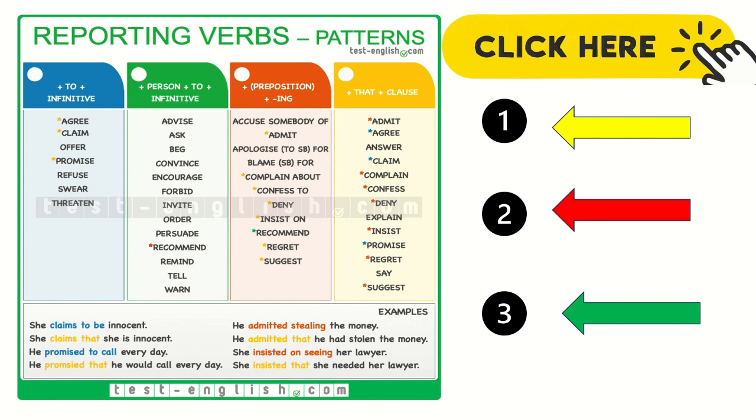So, like insist. She insisted that she needed her lawyer. So insist is followed by that clause. So you can practice more on these patterns using these links. This part is very, very, very important for your exam.